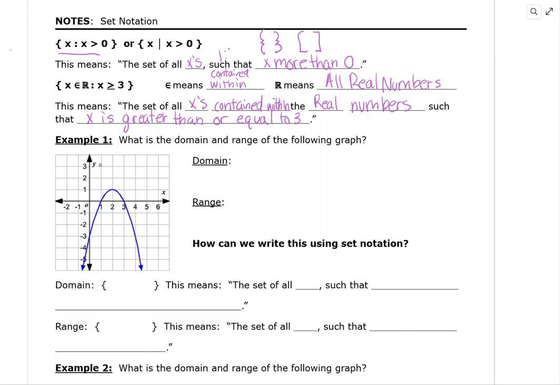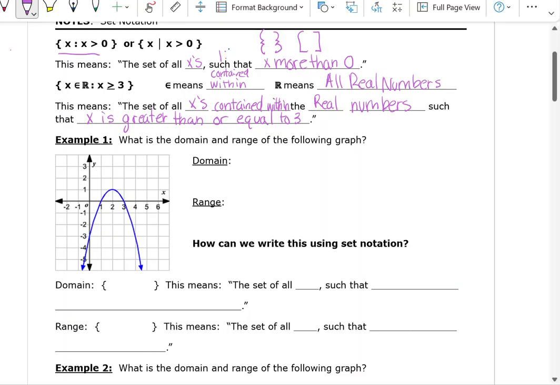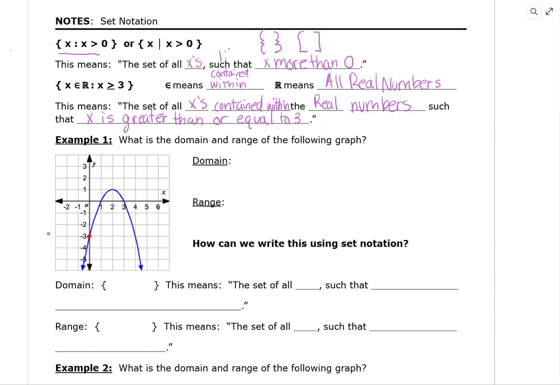So let's look at our first example. In example 1, it says, what is the domain and range of the following graph? Again, we're writing the domain and range in set notation. First, I want to think about what my ordered pairs are for this function that I can see. My first point here is at negative 3, 0.